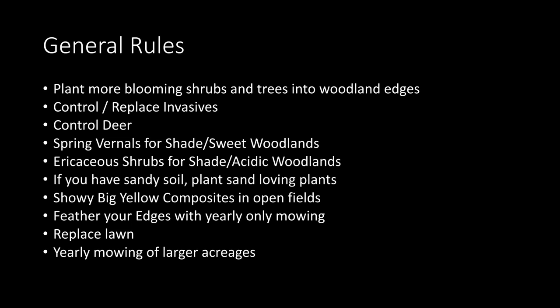So spring vernals, like I mentioned, in the proper kind of soil type and system, so you wouldn't do this, say, in oak hickory as much as you would in your maple beech forest. So think about bringing back things like trillium and spring beauty and wild oats and these other kinds of plants that bloom, but don't do a good job of reinvading, right?